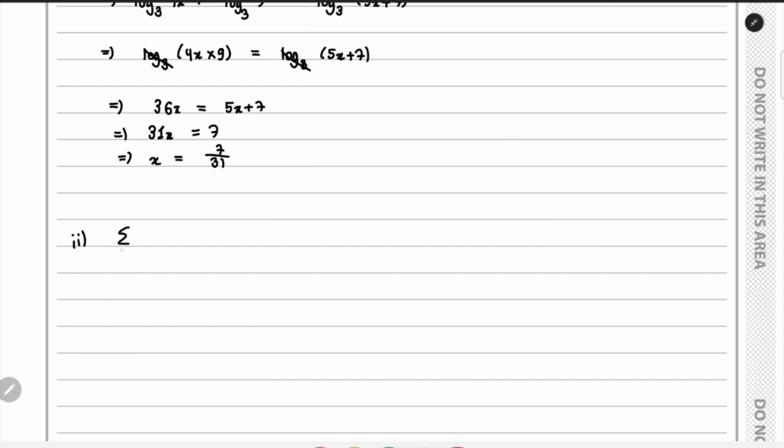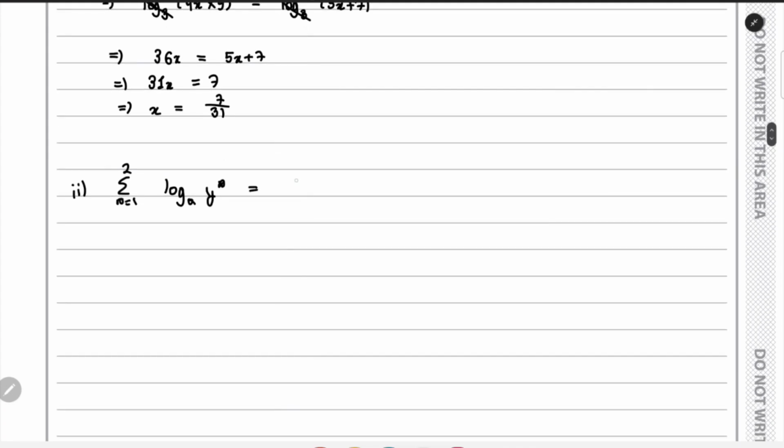We have summation of r equals 1 to 2 of log y to the power r base a. The first term would be log y to the power 1, so log y base a, plus the second term would be log y square base a.